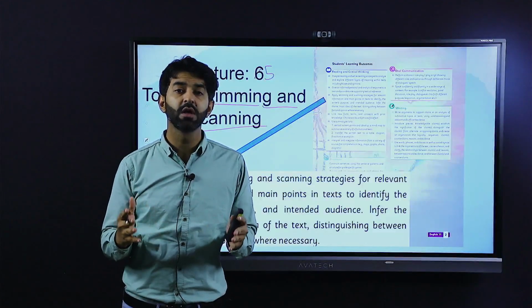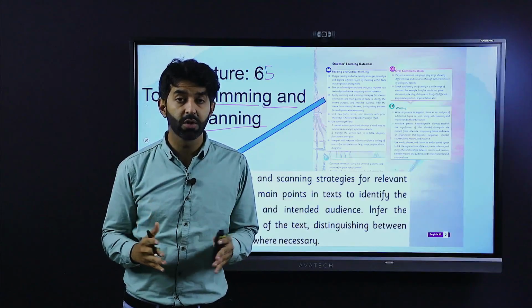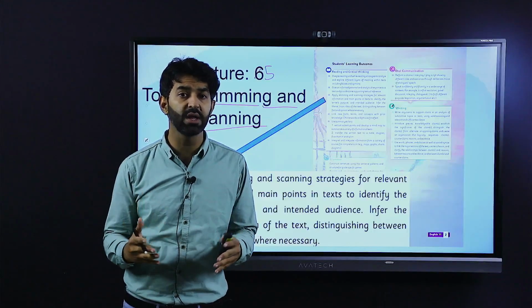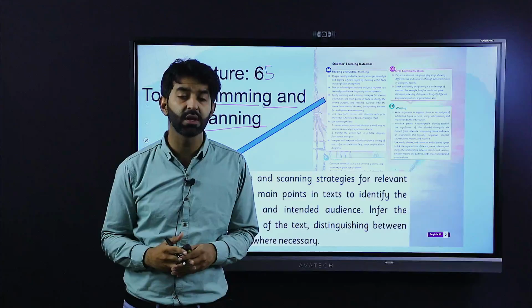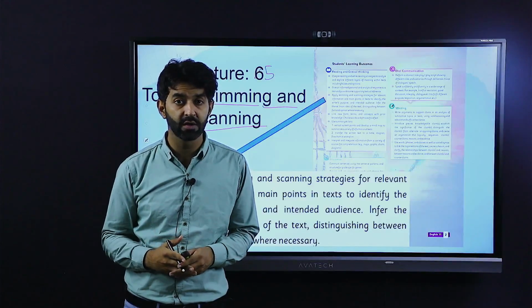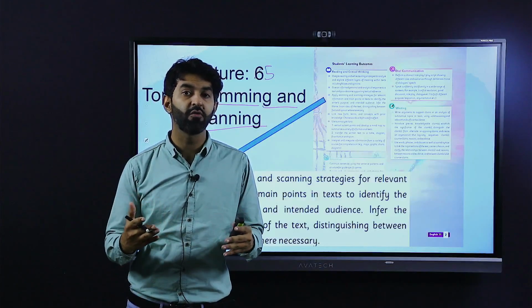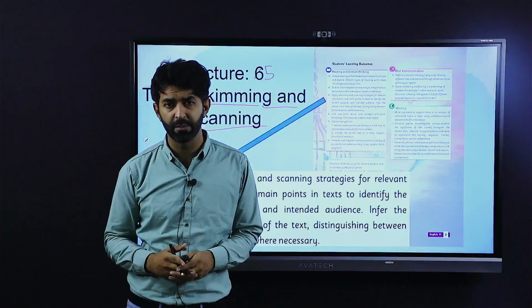My dear learners, in English, we are to deal with different competencies like vocabulary, grammar, reading and critical thinking, oral communication, and also writing. So we are done with covering SLOs from grammar and vocabulary.